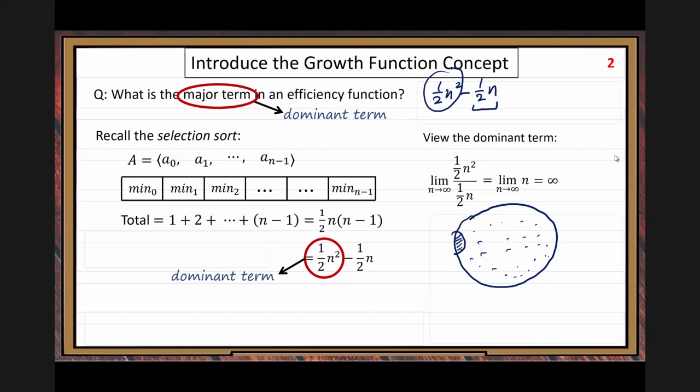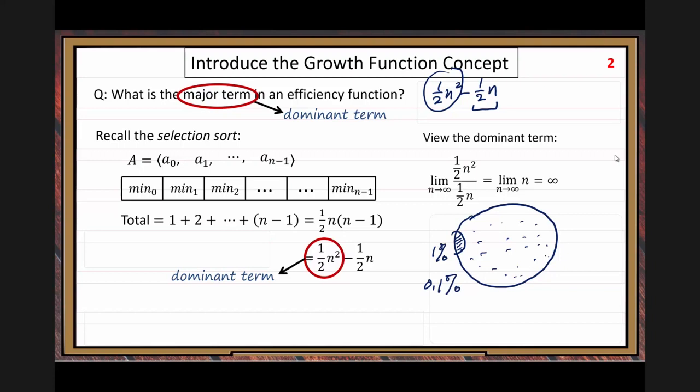How much is the dominance? So let's think in this way. When n is 100, this minor term only takes about 1% of the whole execution time, right? When n equals 1,000, then this part becomes 0.1%.